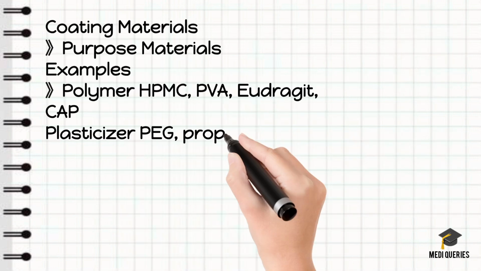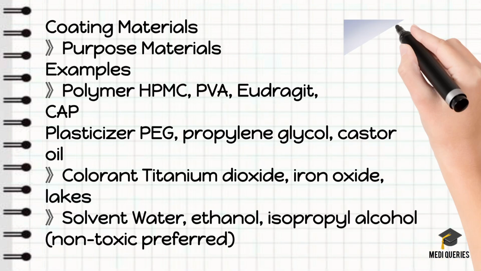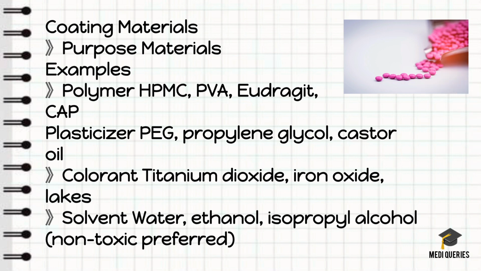The next one is the preparation of the coating solution. In film coating, it is prepared using polymers, plasticizers, solvents and co-solvents, which should be mixed in high shear mixers to ensure uniform dispersion.